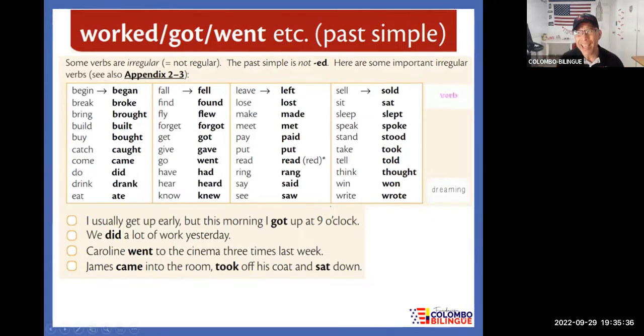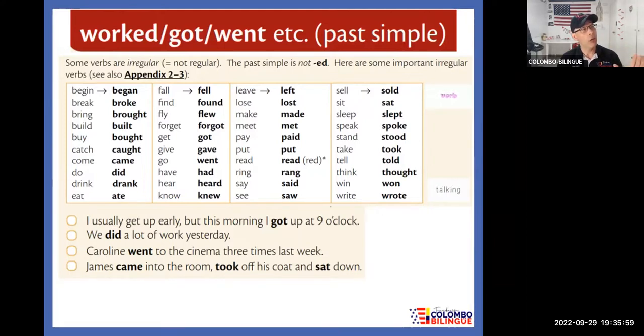For example, let's start with some of the most famous irregular verbs, some of the ones that maybe we know. Guys, listen to me. I'm going to assume that you know them.